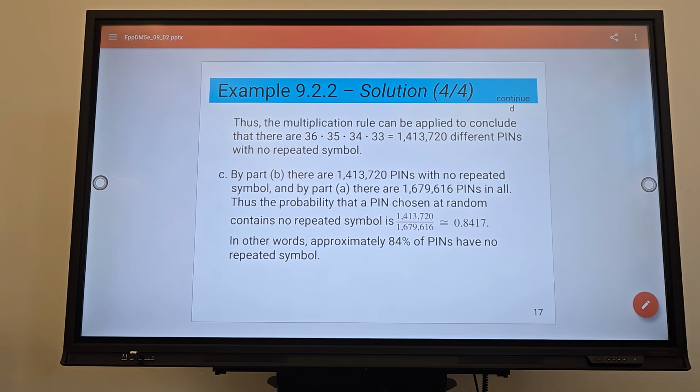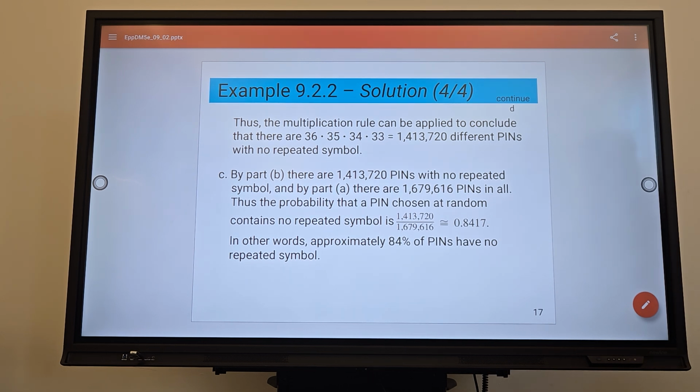Now, what's the likelihood of a pin not having a repeated symbol? Part B, there's a little over 1.4 million pins with no repeated symbol. And from part A, there's a little over 1.6 million pins in all.